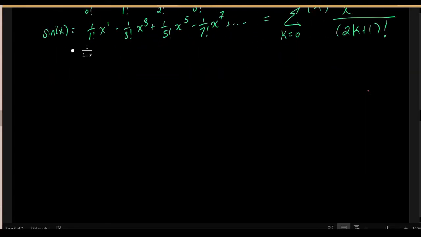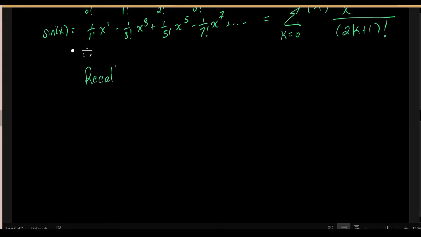As our last example, we have 1 over 1 minus x. Now, we can use the Taylor series formula to represent this as a power series, but I want to show you another principle, another trick that applies specifically right here.